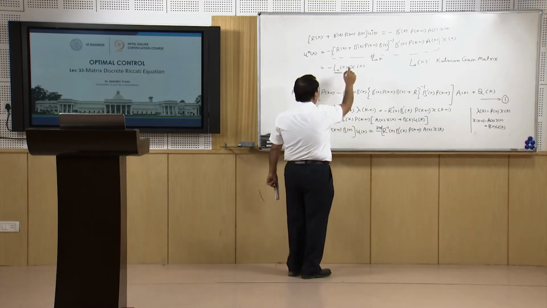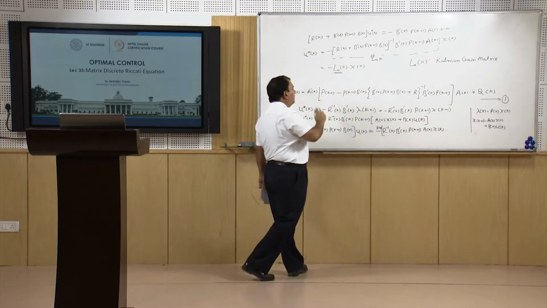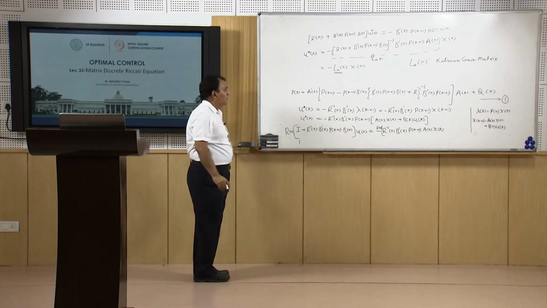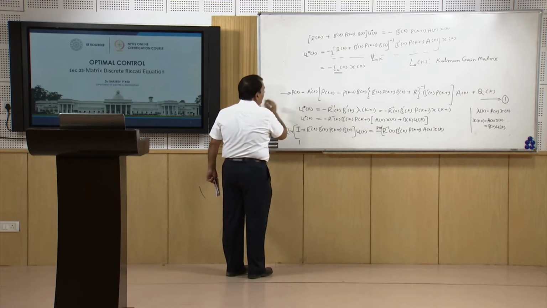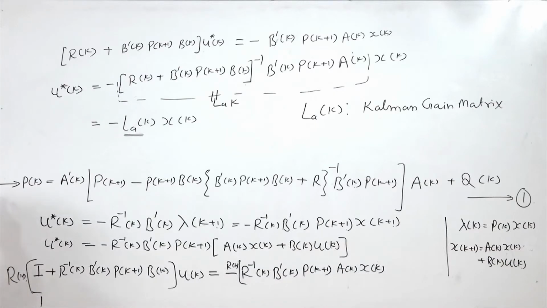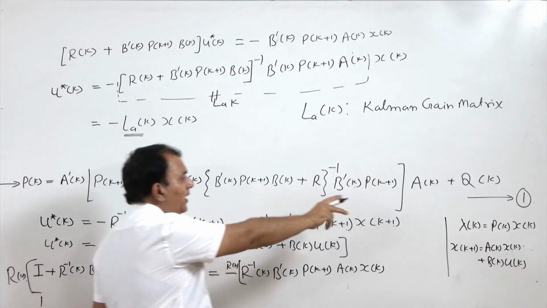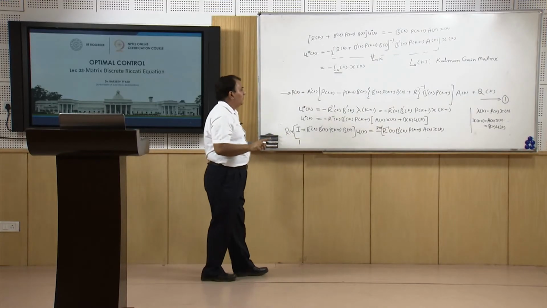So in this case, if this exists, I can directly find out the value of L(k). As we have seen, to determine L, I have to solve equation number 1, which is the matrix difference Riccati equation.